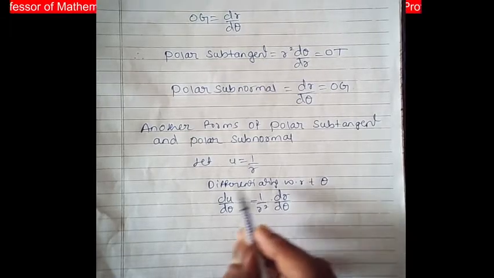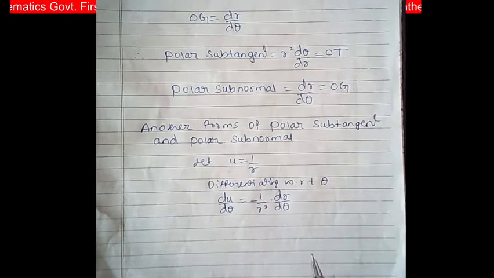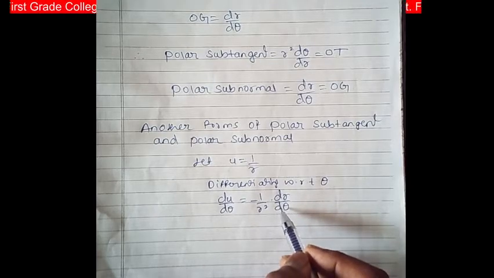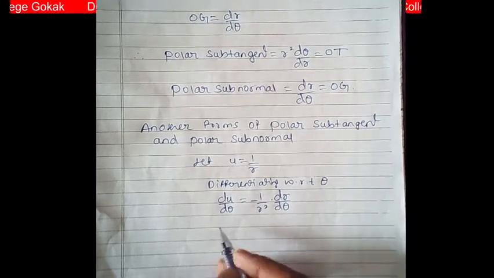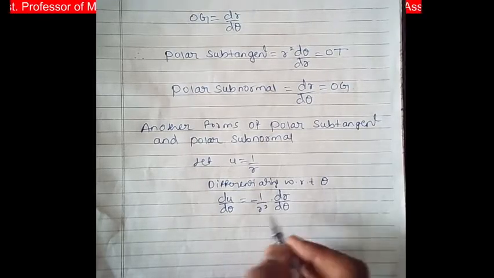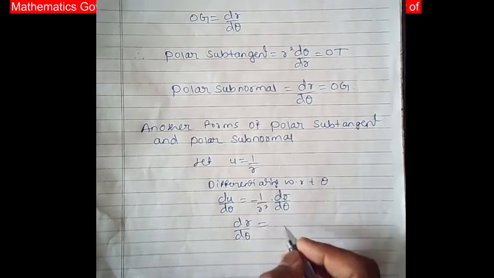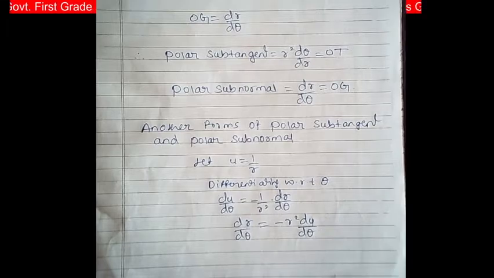Now from this expression I calculate dr by d theta. Just cross multiply, which gives minus r square du by d theta.